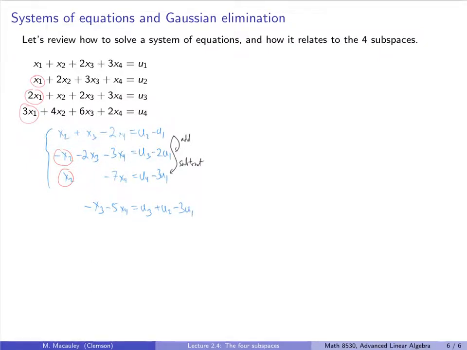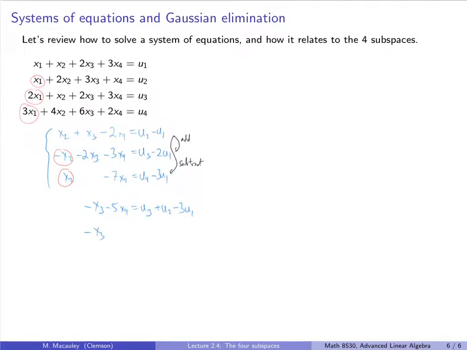Okay, now we're going to subtract equation 1 from equation 3. The u2's cancel. We get minus 7 minus negative 2, so that's going to be minus 5. Oh, I almost forgot my x3. 0x3 minus x3, so that's going to be minus x3.